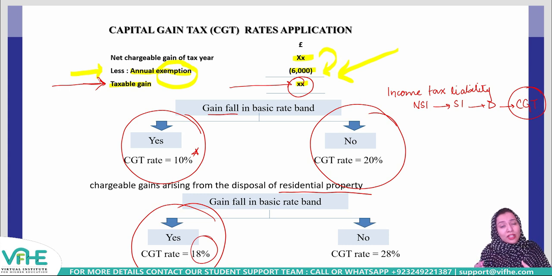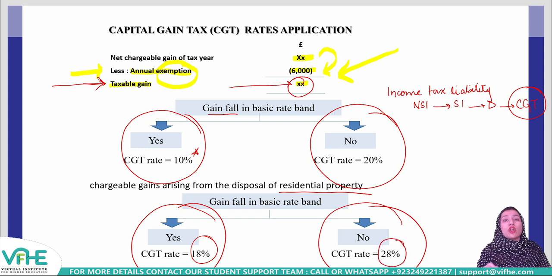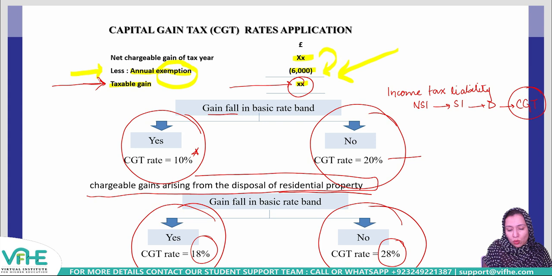And similarly, if the taxable gain belongs to the disposal of residential property, then where the gain falls in the higher rate band, the tax rate is going to be 28% instead of 20%. But this is just the case when residential property is sold.